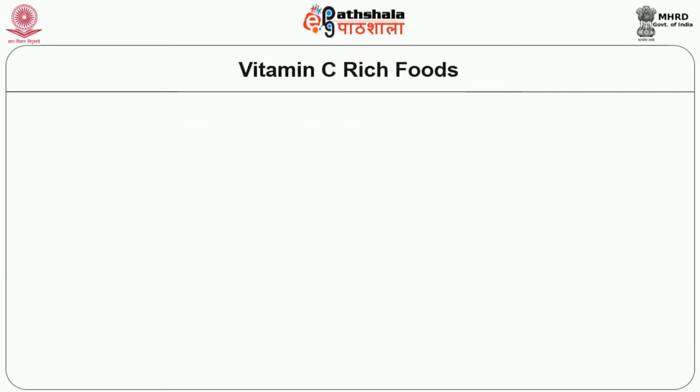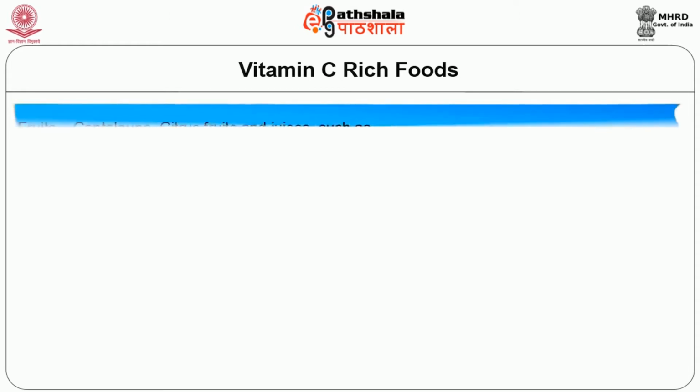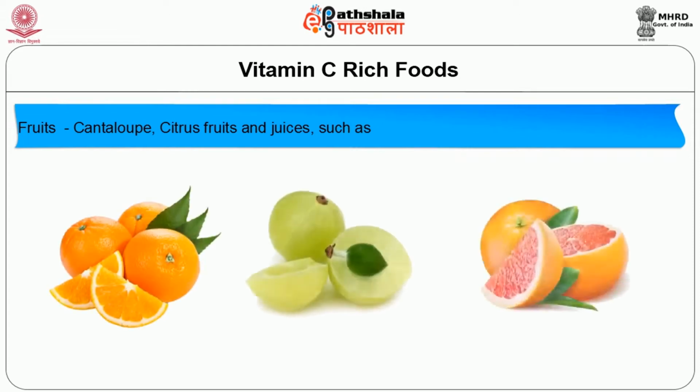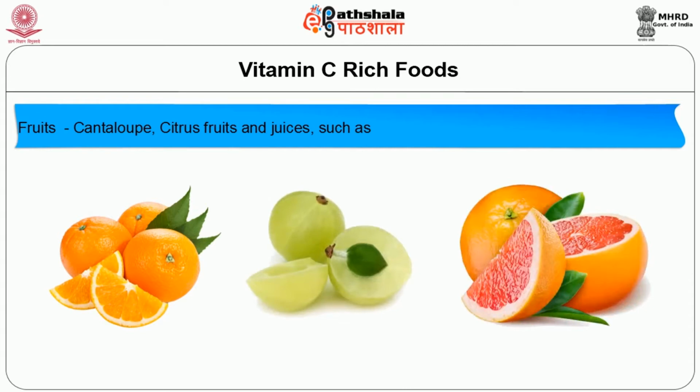Now, let us learn about vitamin C rich foods. Can you list some foods rich in vitamin C that are also available in your area? Yes, fruits are the best sources. Fruits such as cantaloupe, citrus fruits and juices like orange, amla and grapefruit are good sources.